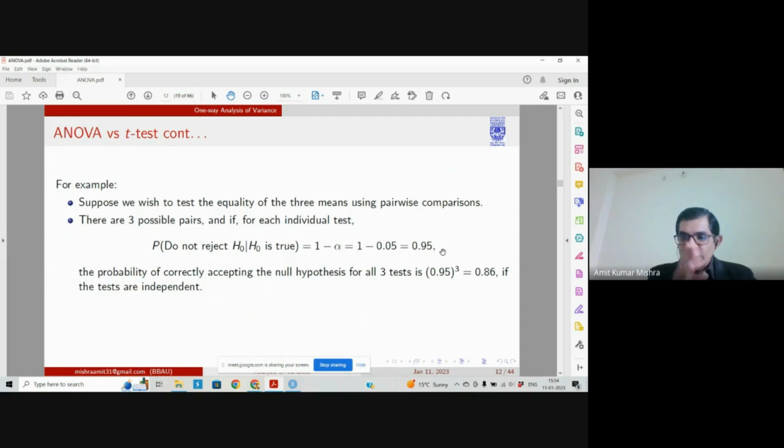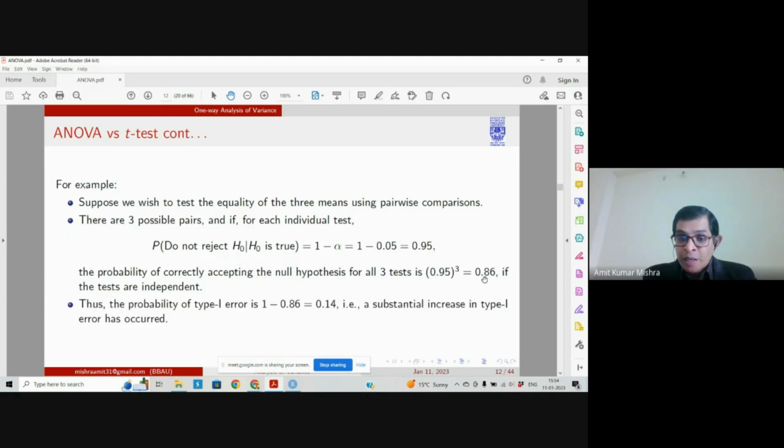For three tests, if you perform them independently, it will be 0.95 to the power 3, that means 0.86. Now the probability of type 1 error will be 1 minus 0.86, that is 0.14.